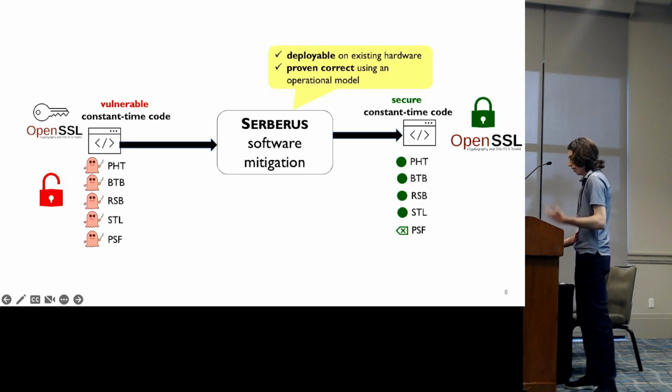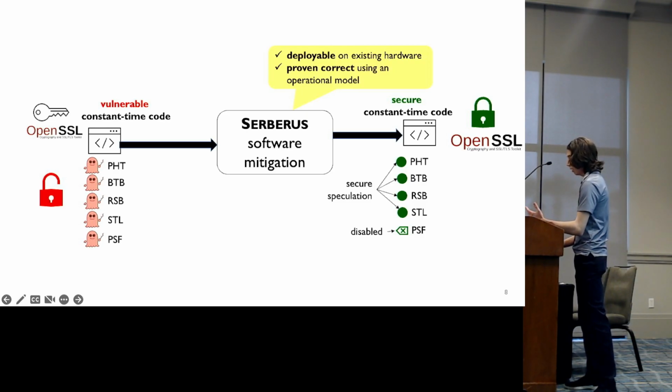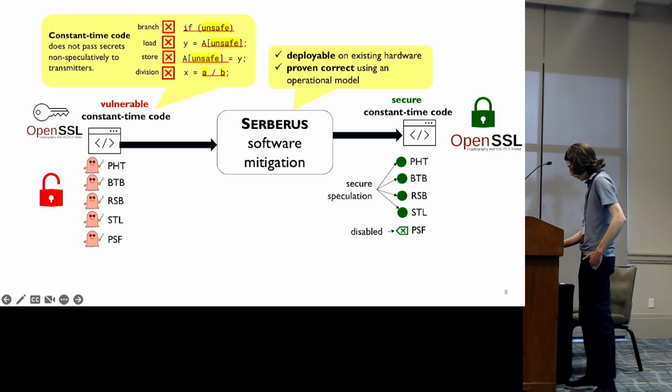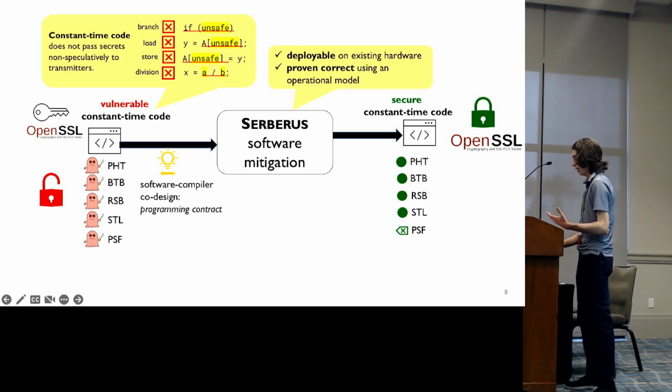So basically how Serberus works is its goal is to allow secure speculation for these first four speculation primitives, and it just disables the last one, PSF, for performance reasons. Basically, in order to do these precise analyses that I was talking about on the last slide, we need to solve some of the problems. And so we have two co-design supports to do this.